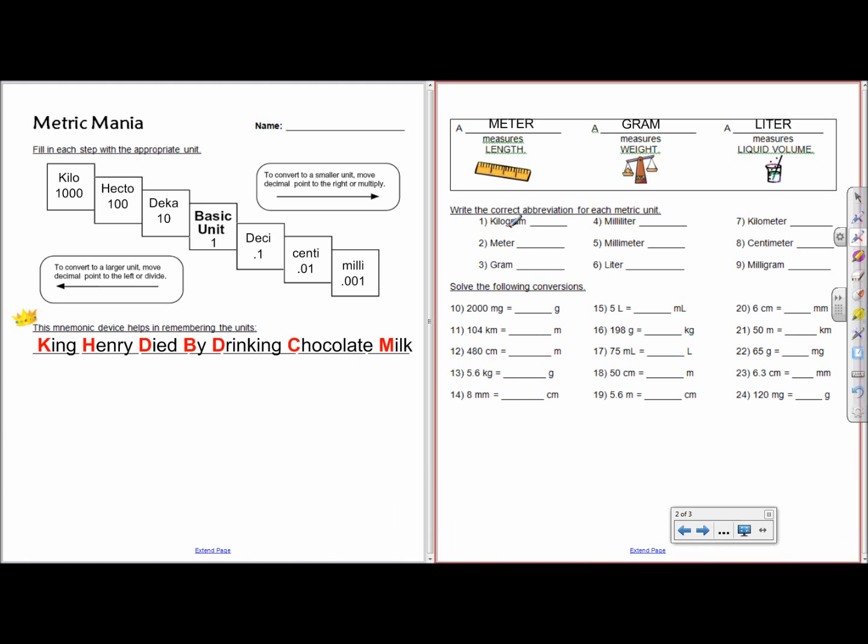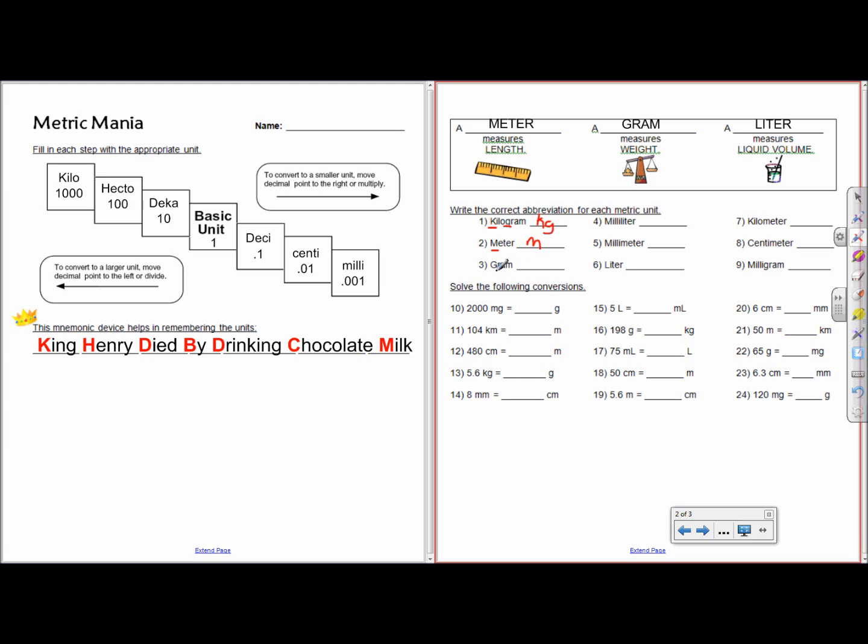Kilogram. There's our basic unit of gram, and there's our kilo right there, and that's going to be represented with a K for kilo, and then a G for gram. Whereas right here I just have meter and nothing in front of it, so it's just my basic unit of meter, and that's represented with an M for meter.